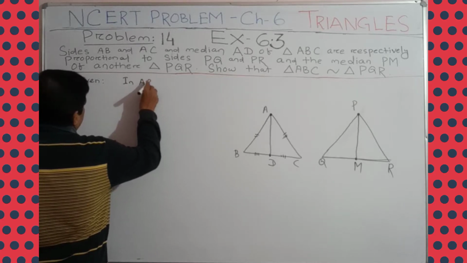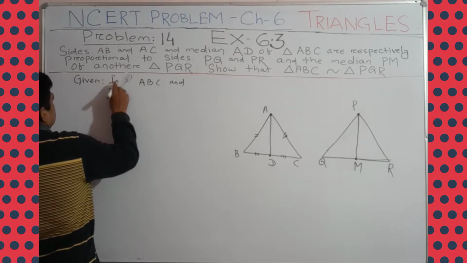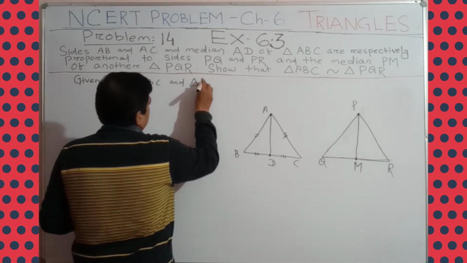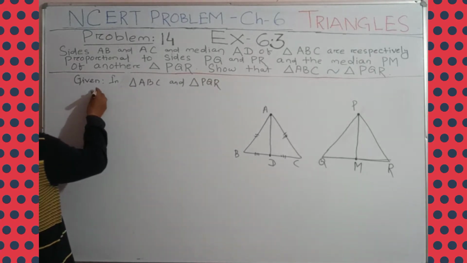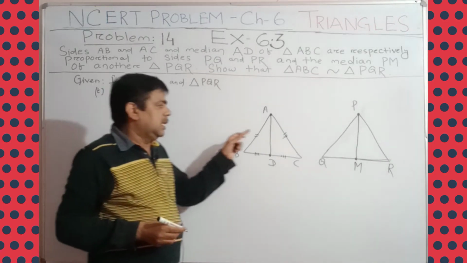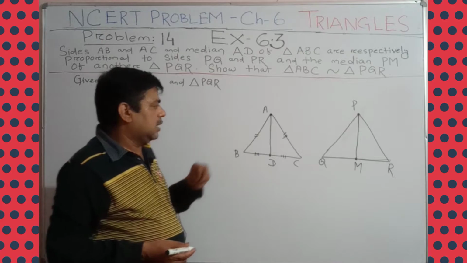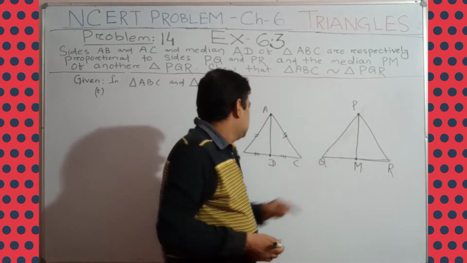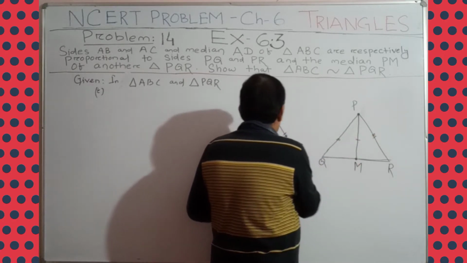Here it is given that in triangle ABC and triangle PQR, the sides AB and AC and the median AD of triangle ABC are respectively proportional to the sides PQ and PR and the median PM.